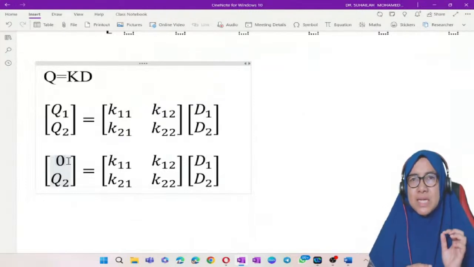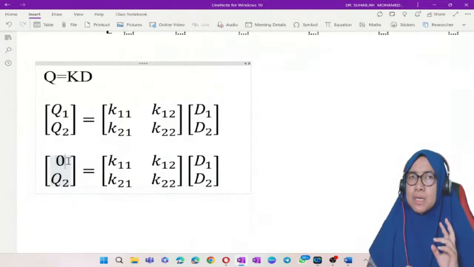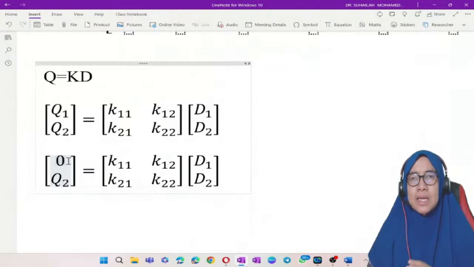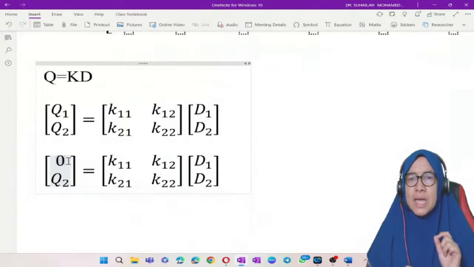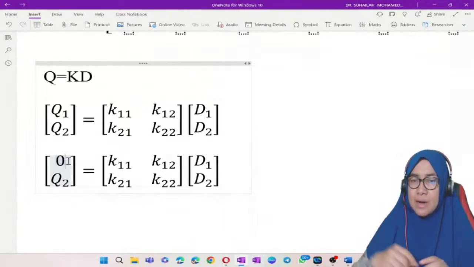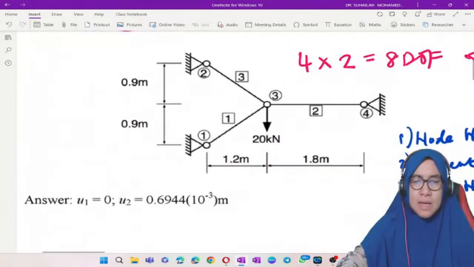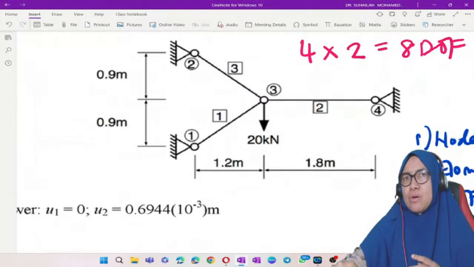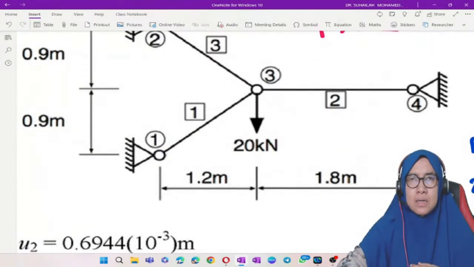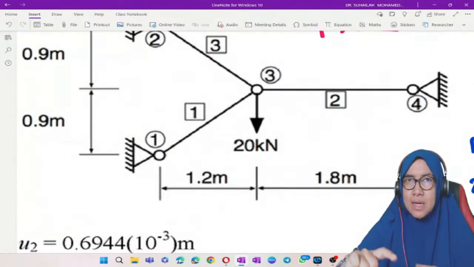Then Q2. Position 2 is located under node number 3, in the vertical direction. So Q2 is the force in the vertical direction at node 3, which is given as 20 downward.